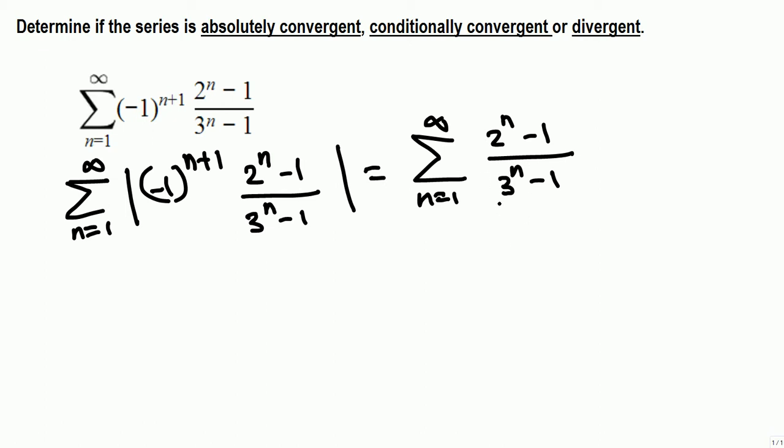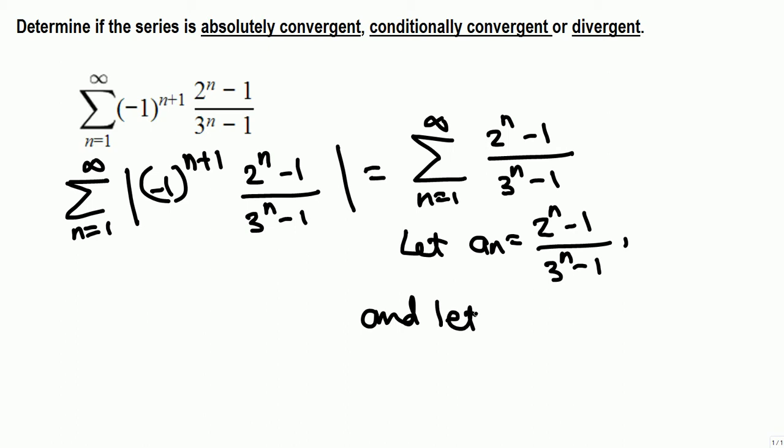Now let's say this part is a_n, and we want to compare this with another known series. Let a_n be (2^n - 1)/(3^n - 1), and we want to create a series with terms b_n that we can compare with a_n.